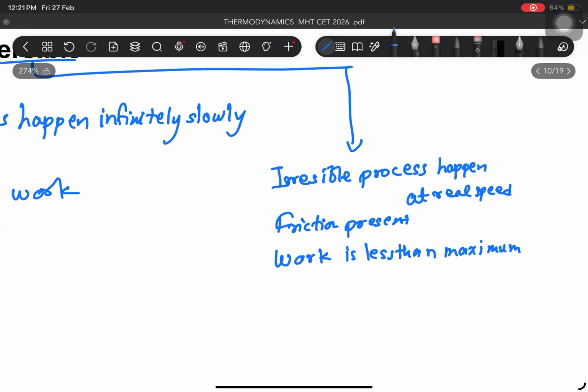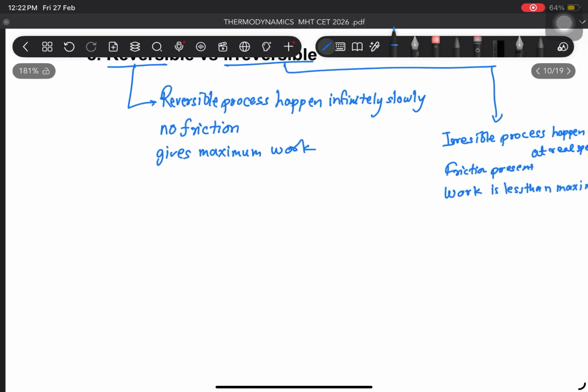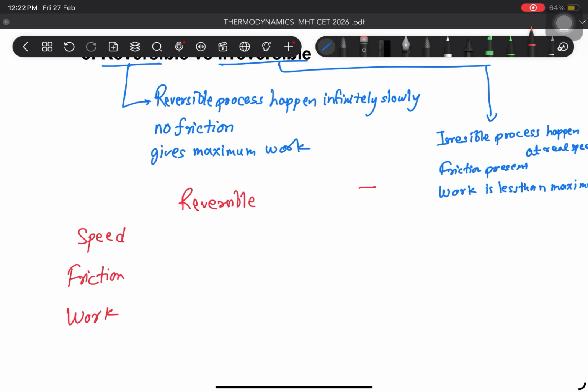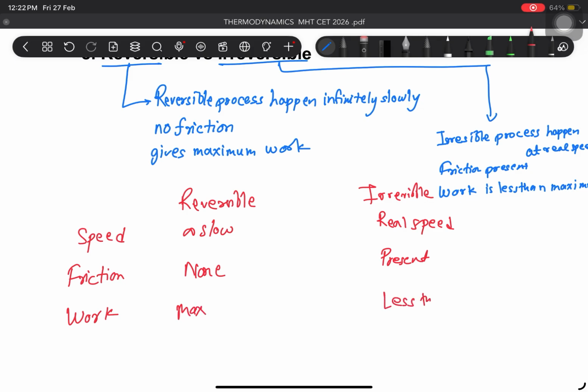Reversible: speed infinitely slow, no friction, work maximum. Irreversible: real speed, friction present, work less than maximum.